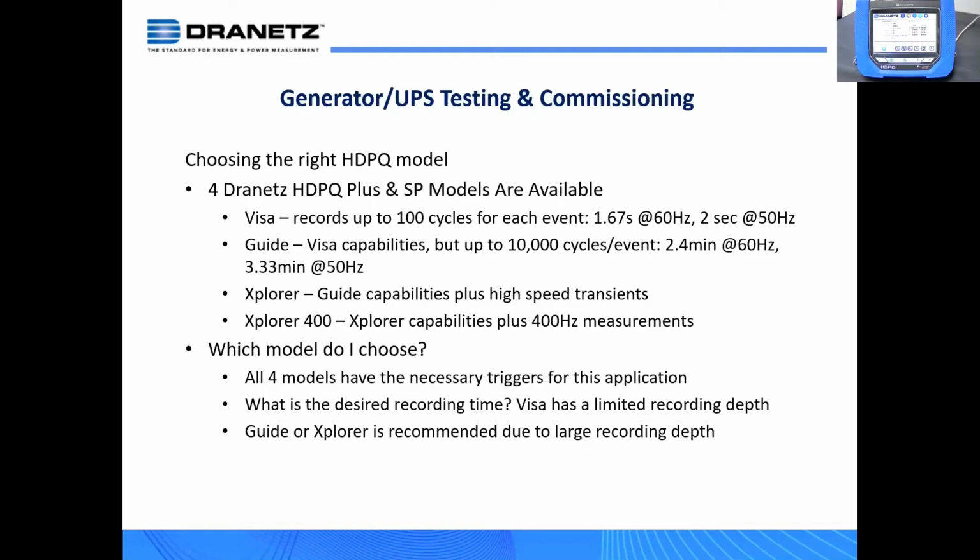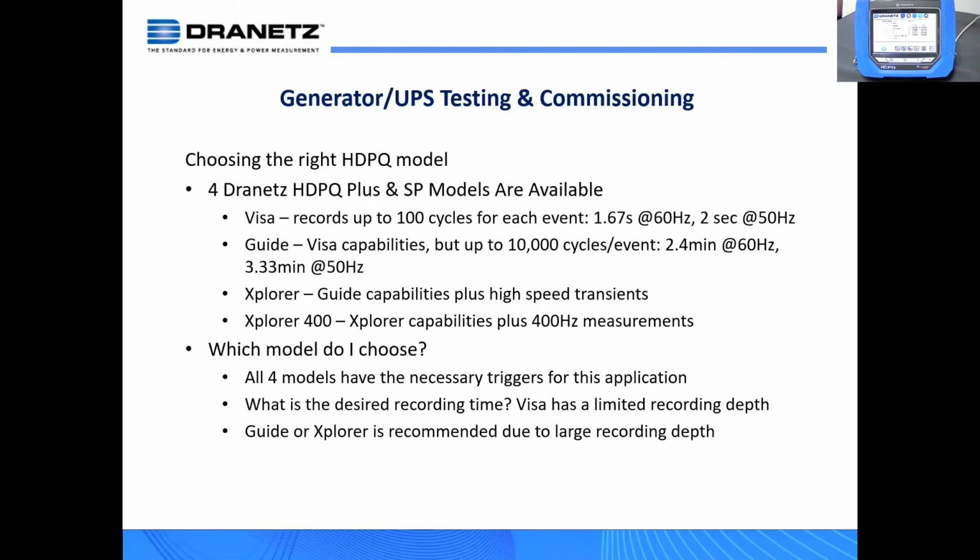But specific to this application, the 100 cycles on a Visa goes up to 10,000 cycles on the Guide, and everything higher than the Guide in our product line, meaning the Explorer and the Explorer 400. But it includes all the capabilities of the Visa. So we move from 100 cycles in about 1.67 seconds at 60 hertz up to 10,000 cycles and over 2 minutes recording time at 60 hertz and over 3 minutes recording time at 50 hertz. So that's where that frequency makes a big deal.